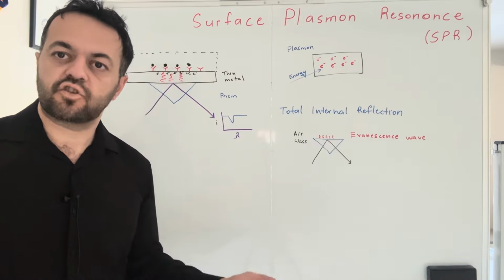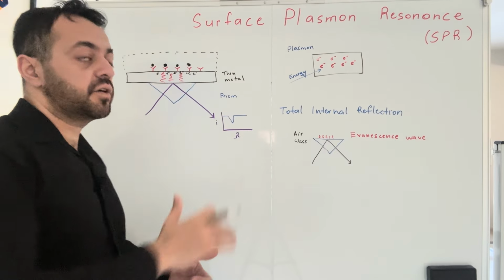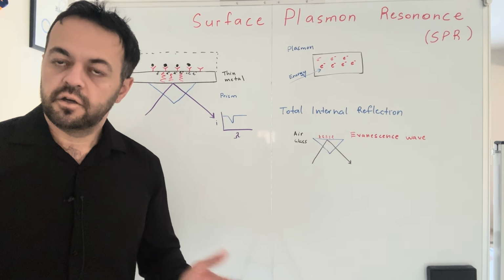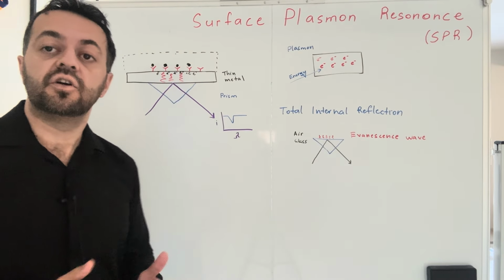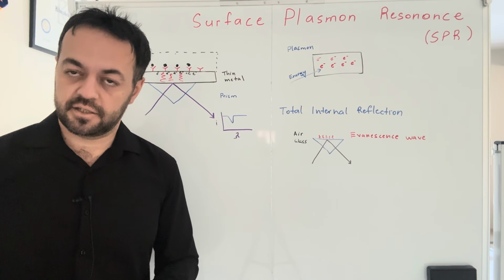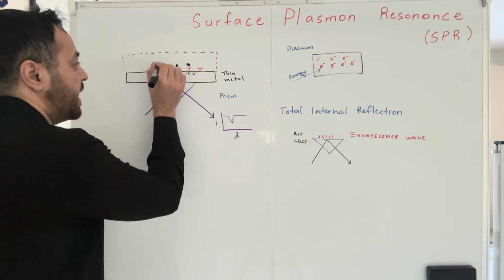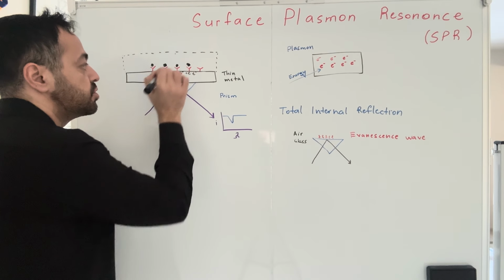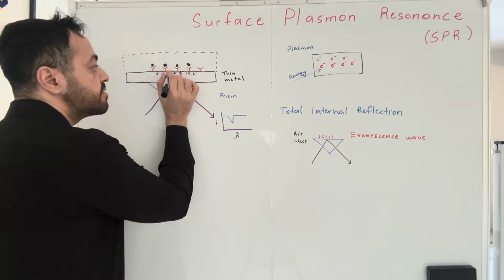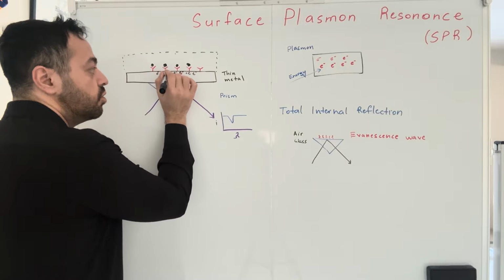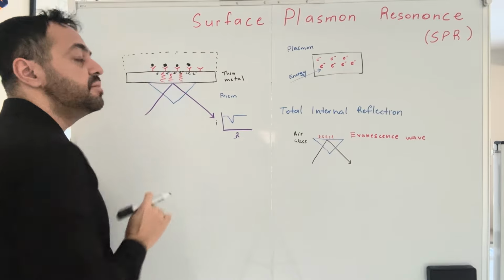So now what do electrons do? Are those electrons going to interact with antibody antigen? No. They're not going to interact. So what happens is you're getting the information of the refractive index. So when this analyte is going to attach to the antibody, it is going to increase the refractive index on the metal, on this medium.